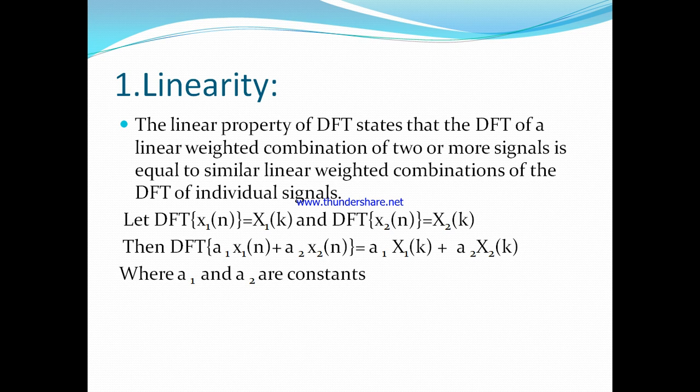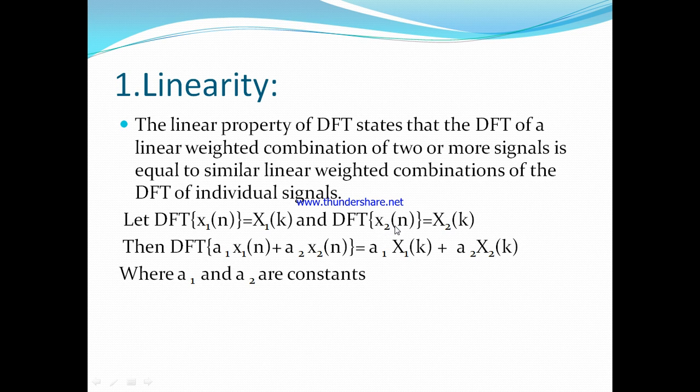So the linearity property. The linearity property of the DFT says that the DFT of a linear weighted combination of two or more signals is equal to the similar linear weighted combination of the DFTs of the individual signals. Here x1 of n is a sequence, and the DFT of that sequence will be X1 of k.